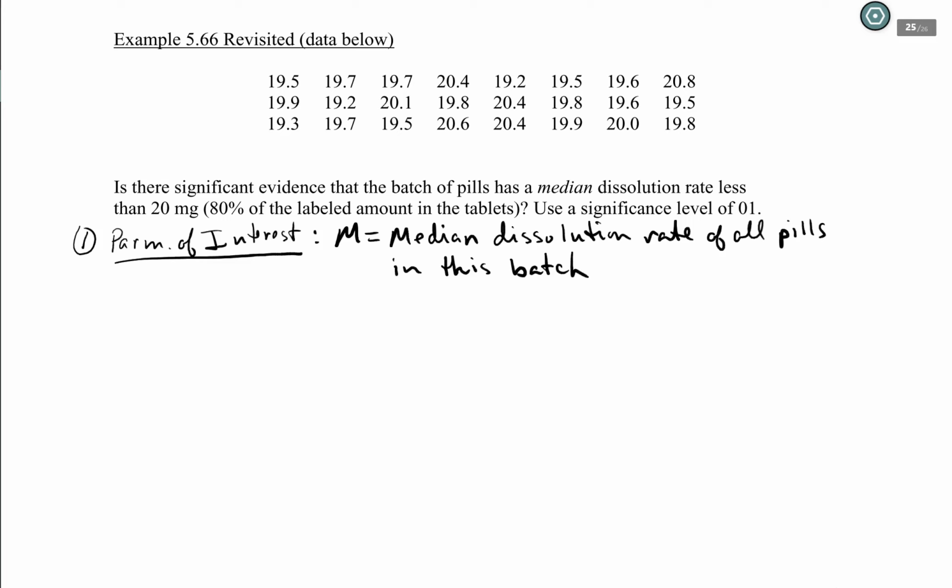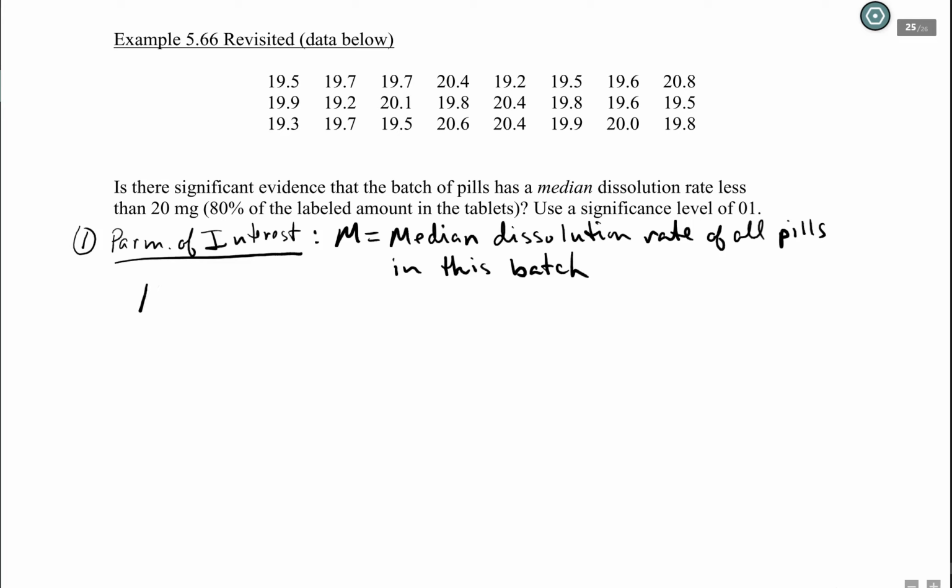And if that's the case, then the t-test is the way to go. But if the underlying population is not normal, if it's heavily skewed one way or the other, then the median is different than the population mean, and the median is a better measure to use for inference. Okay, and this method's nice too because it doesn't have a sample size requirement. All right, that's the parameter of interest there.